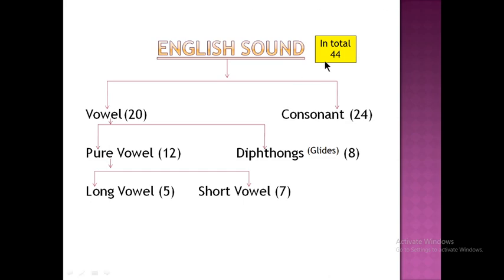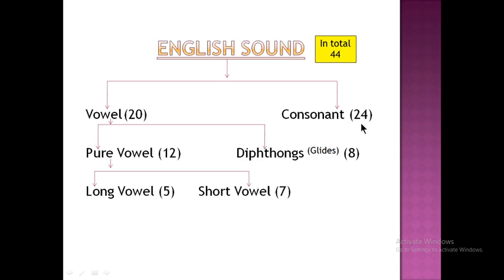In the English language there are 44 sounds. Think logically. You have only 26 letters and we have 44 sounds. How drastic a change in the numbers. The total sounds in the English language are 44, and the division given to these 44 sounds is vowels and consonants, which we discussed a bit in our previous video.